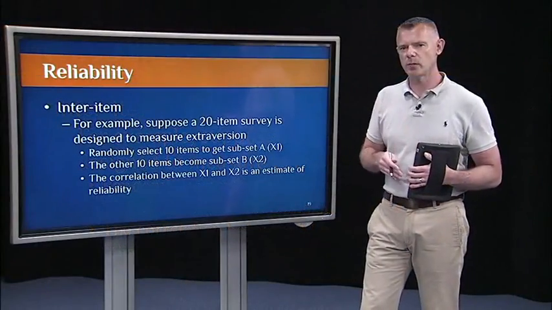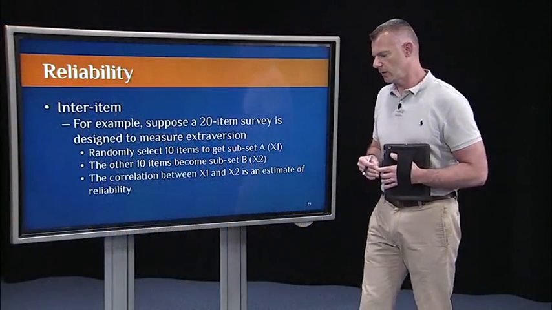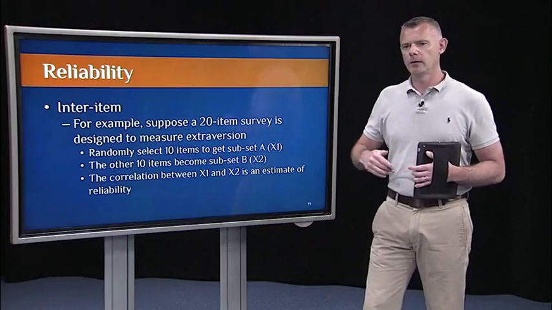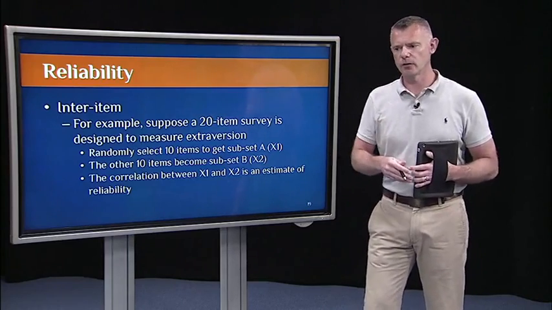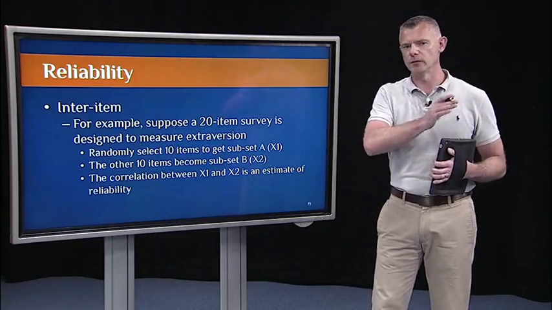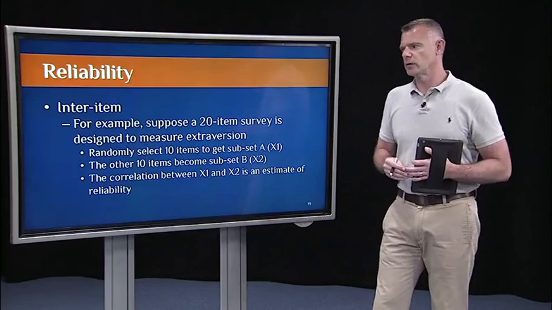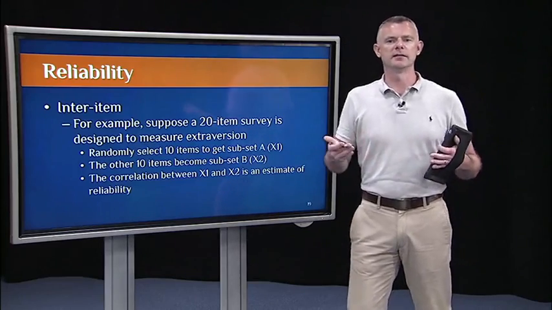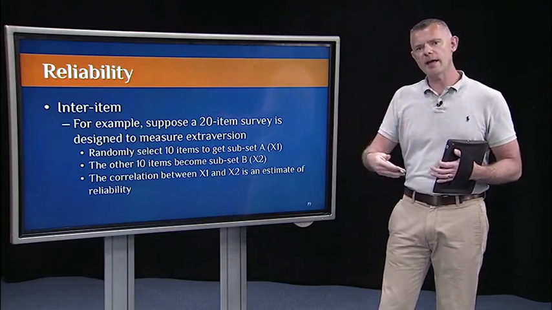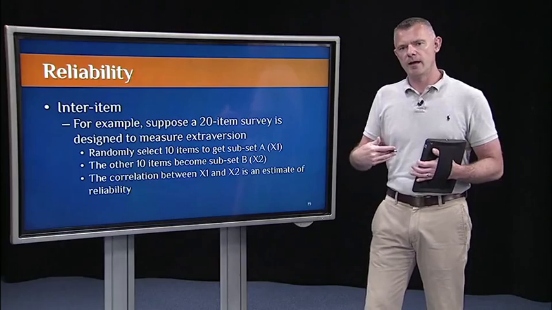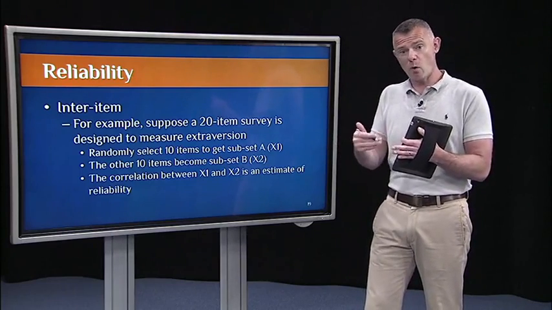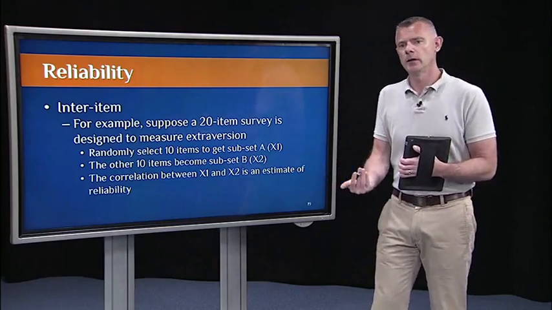If you remember back to the correlational studies lecture where we talked about personality, there was one question that got at extroversion that said, I'm the life of the party, strongly disagree, strongly agree. And then there was another one that said, I don't mind being the center of attention, strongly disagree, strongly agree. There are several like that built into the survey, and what we can do is look for correlations among those items that purportedly measure the same trait.